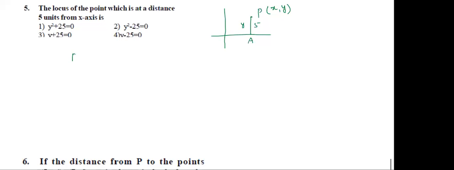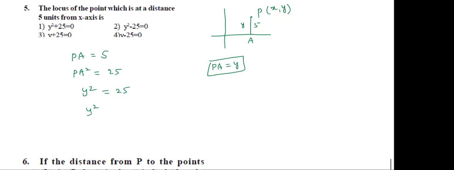So that means here PA is equal to y given. Sorry, not y, that is 5. PA distance is 5. Do squaring on both sides. PA square is equal to 25. So PA length is y. Just substitute: y square is equal to 25. Y square minus 25 is equal to 0.